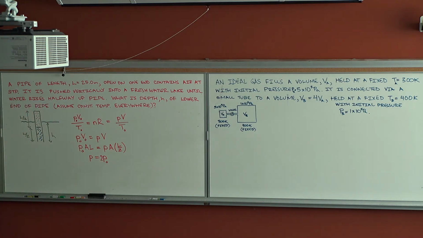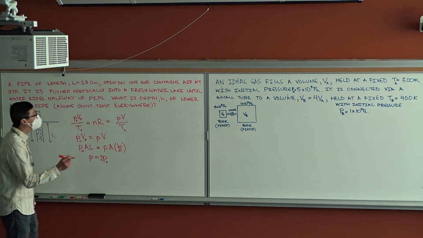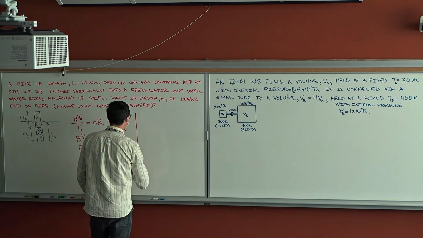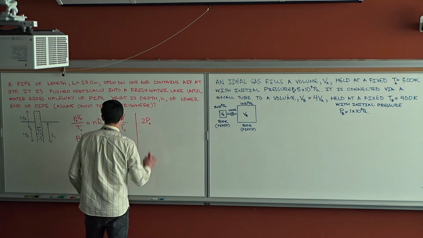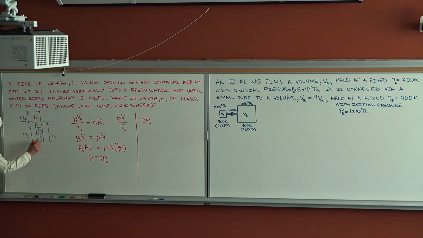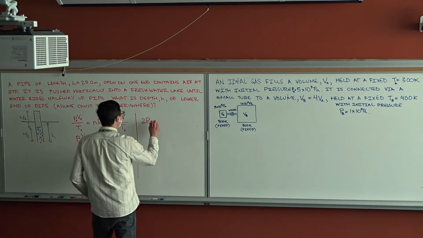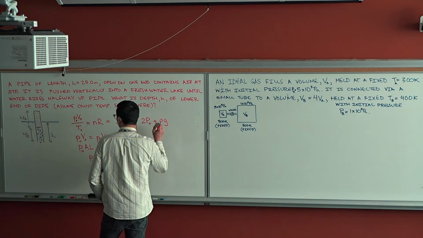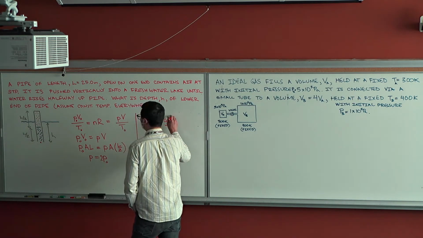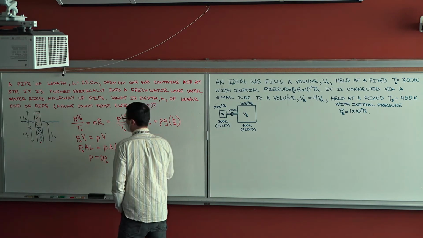Yeah? So then we can apply Bernoulli's equation. The thing isn't moving, and so in order for this to not move, the pressure 2p naught plus rho times g times L over 2.